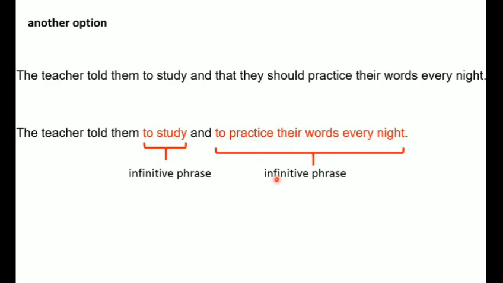This is also an infinitive phrase. So we have two elements using both infinitive phrase. So this is now balanced, and this is correct. And our coordinating conjunction that was used to connect these two infinitive phrases is the conjunction and.